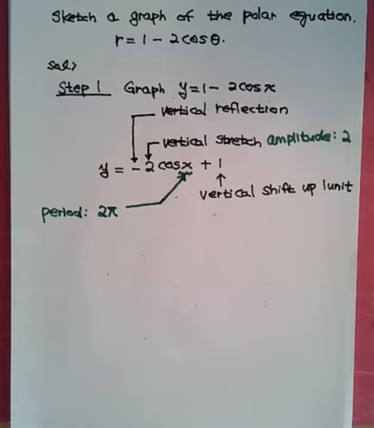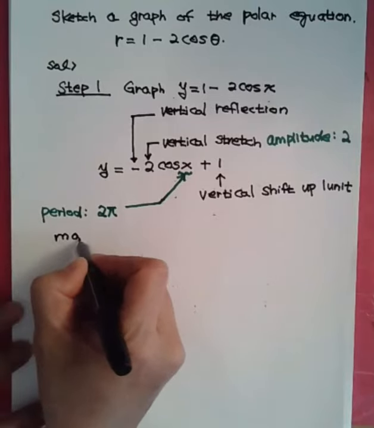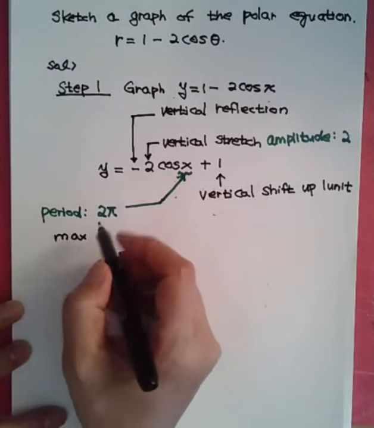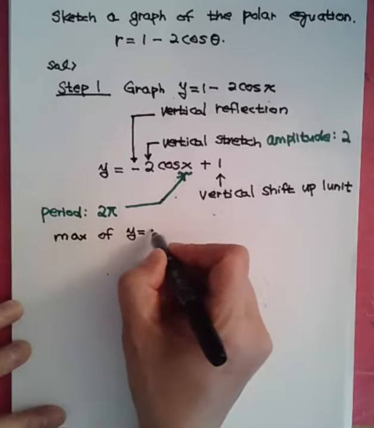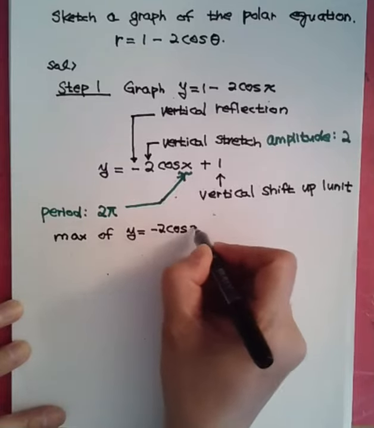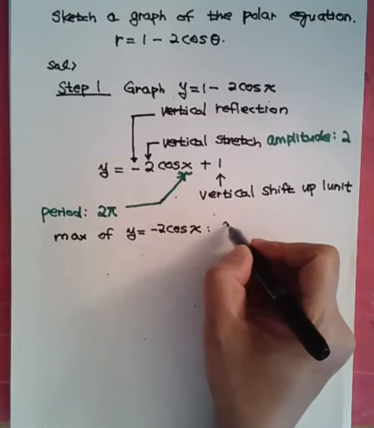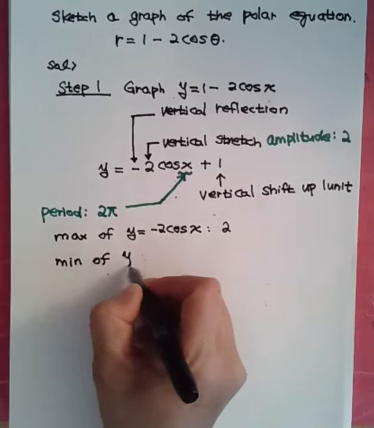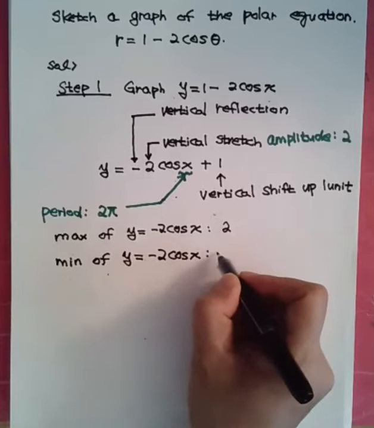Before we determine the maximum and minimum of the new function, we want to discuss the maximum and minimum of the function y equals minus 2 cosine of x. Maximum of y equals minus 2 cosine of x is 2, and minimum is minus 2.